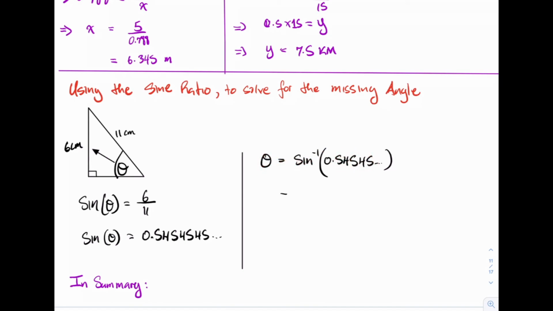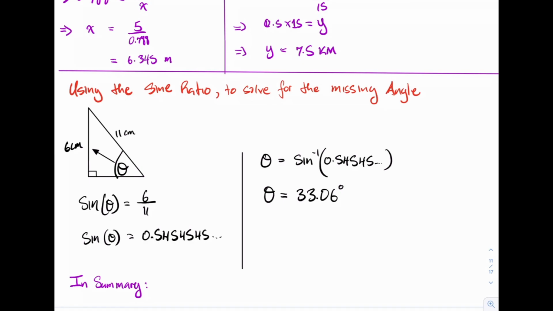That's very important. So we go to our calculator now and we go for the sine inverse function, which is found by pressing the second or shift button. So now when I plug this in on my calculator, I get theta is equal to 33.06 degrees approximately.